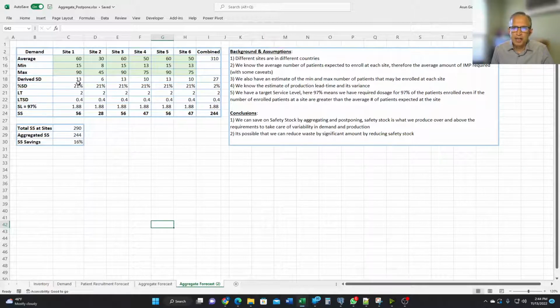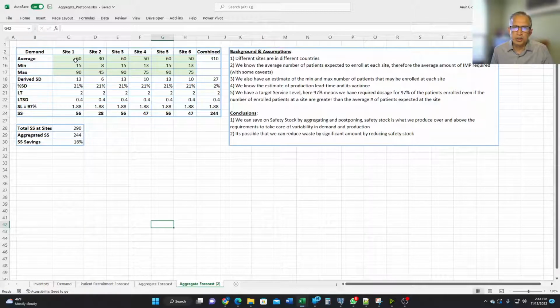We have a target service level of 97%, which is what the McKinsey study showed as the average for the 10 pharma and biotech companies that they surveyed. So that means we have required a dosage for 97% of the patients enrolled, even if the number of patients at a site are greater than the average expected at that site.